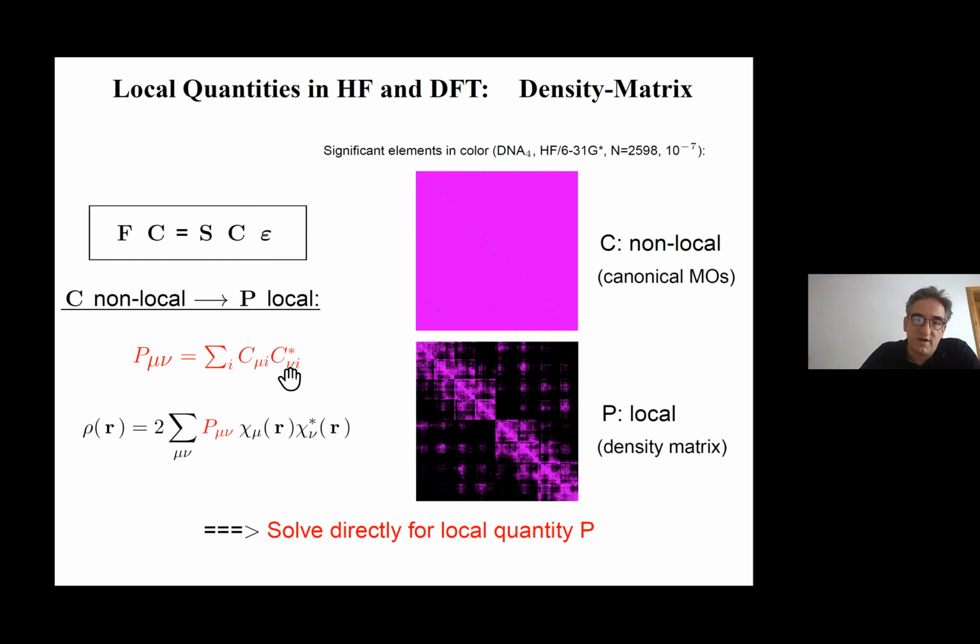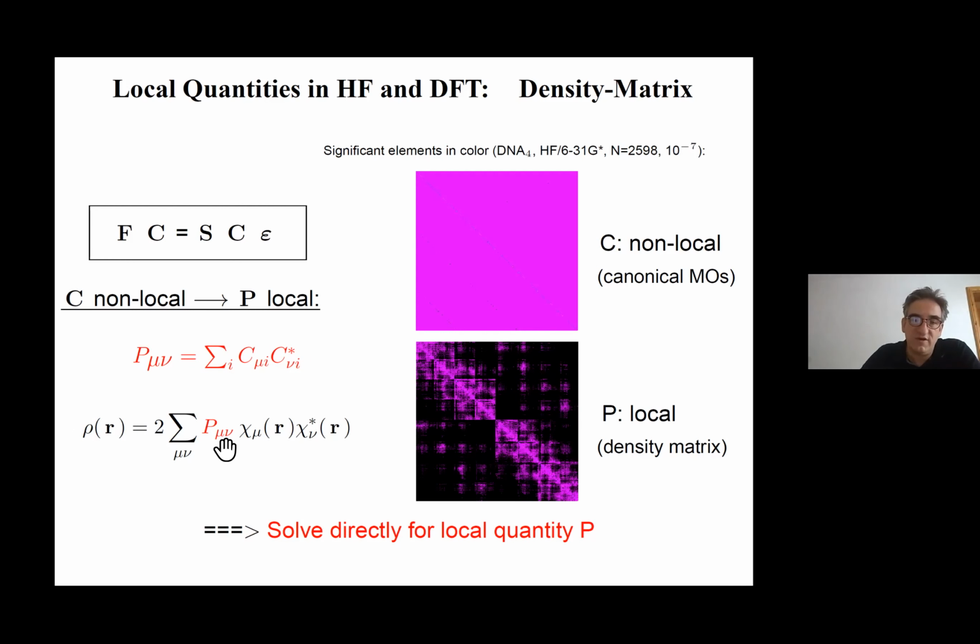However, if we build out of these coefficient matrices the one particle density matrix, by summing over the occupied space, then we get a quantity which is much more physical, because the molecular orbitals, in a way, are non-observables. But the one particle density matrix couples the Gaussian type basis functions to the electron density, which is of course an observable.